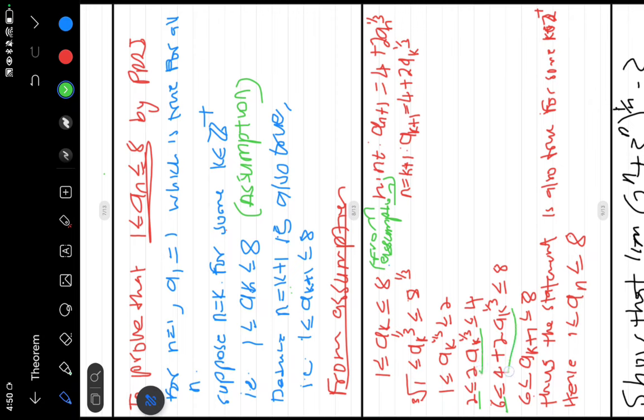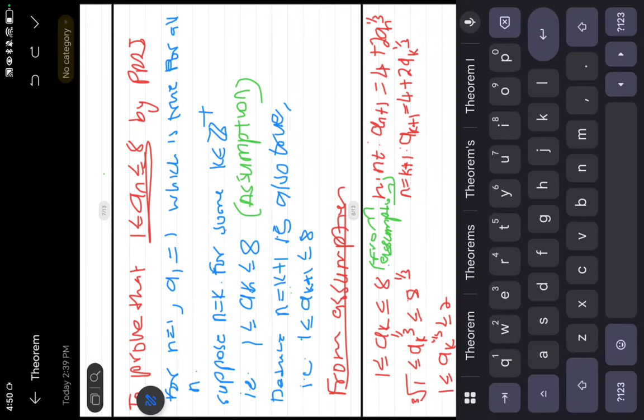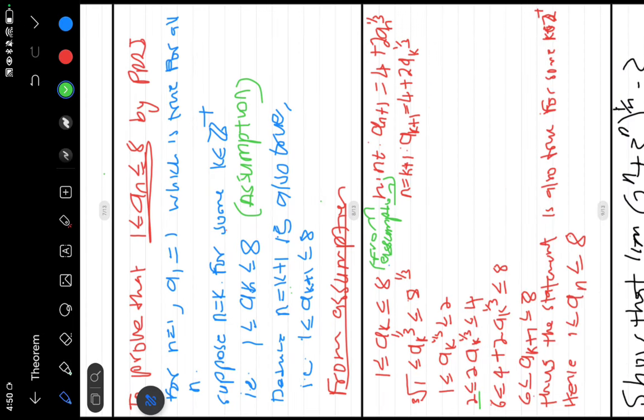I add 4 here as well: 4 plus 4 is 8. Then I arrive at that. Now check this. This is the same as a of k plus 1. That's why I substituted a of k plus 1 there. Hence, I've proven that this is the case.